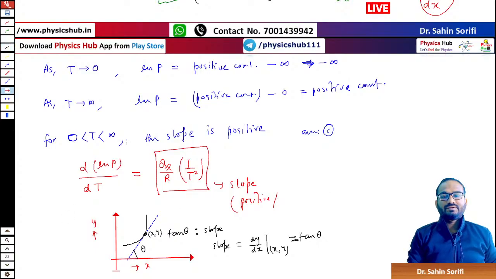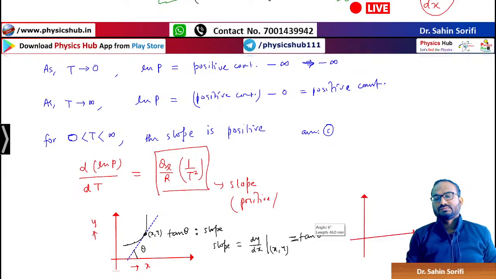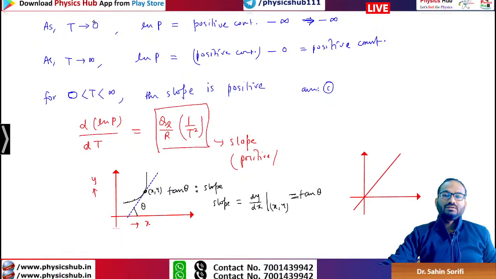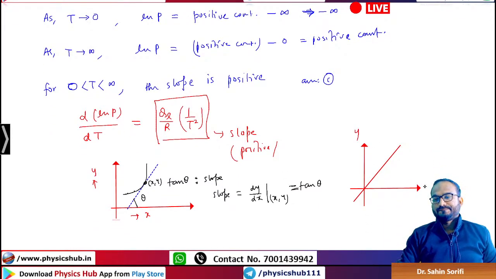Now if you consider y versus x, the curve y equals mx, how many slopes will you get? You will get one slope. Wherever you go, it will be the same value of theta, say 45 degrees, for y equals mx. At any point, if you draw the tangent, you will get the same angle.